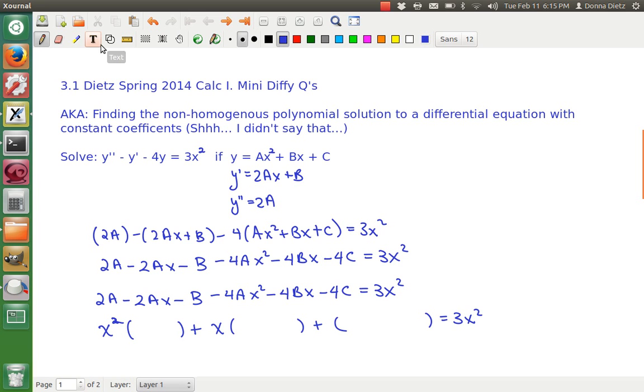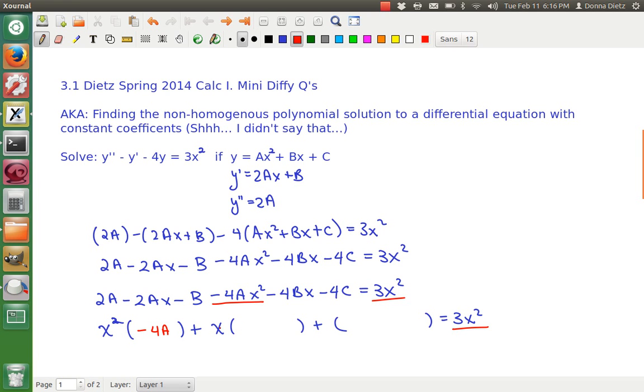Okay, so I've already taken care of this piece, the 3x squared on the right-hand side. So I want to take care of anything that has an x squared in it. Aha, here's a piece with an x squared in it, so I'm going to put minus 4a over here. So the underline means I've already accounted for that piece.